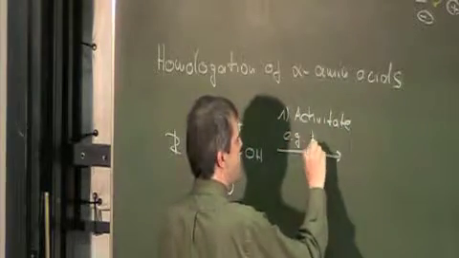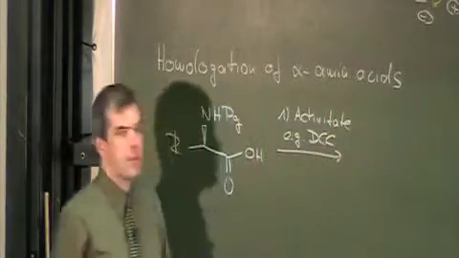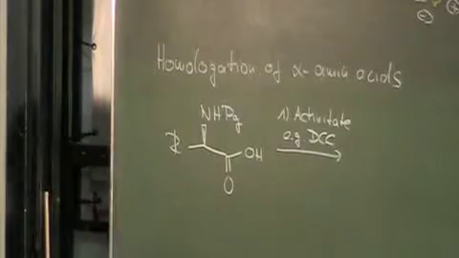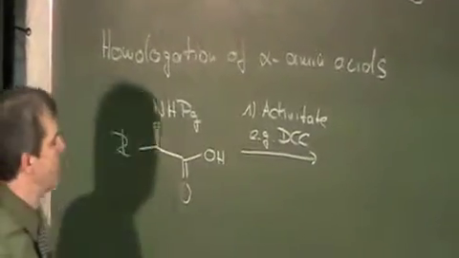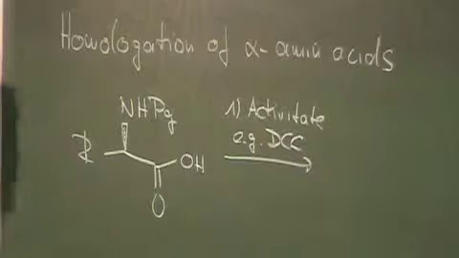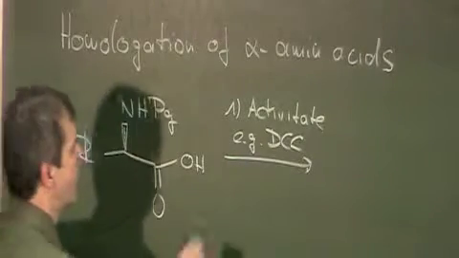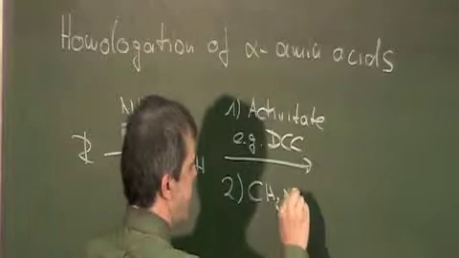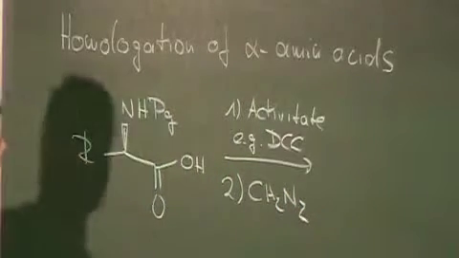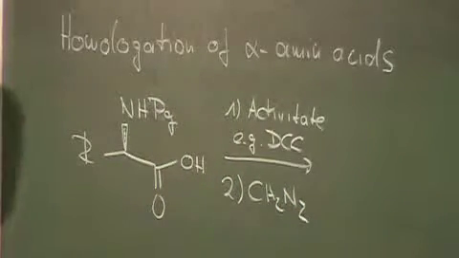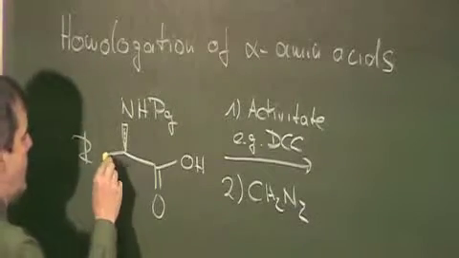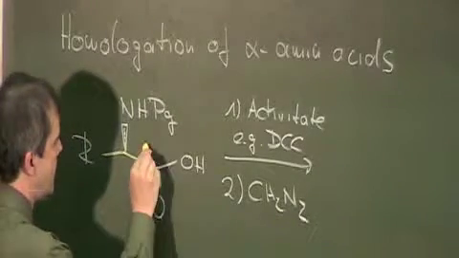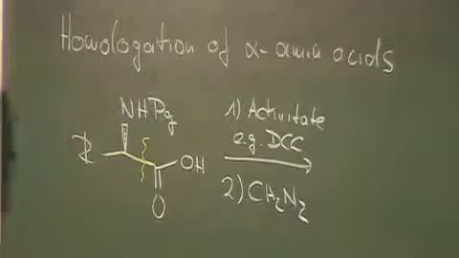This activation in peptide chemistry can be done, for example, with carbodiimides, DCC, a common reagent, but again, you can also activate it even as an acid chloride. Treat it with diazomethane, then in the rearrangement, this group here will migrate.